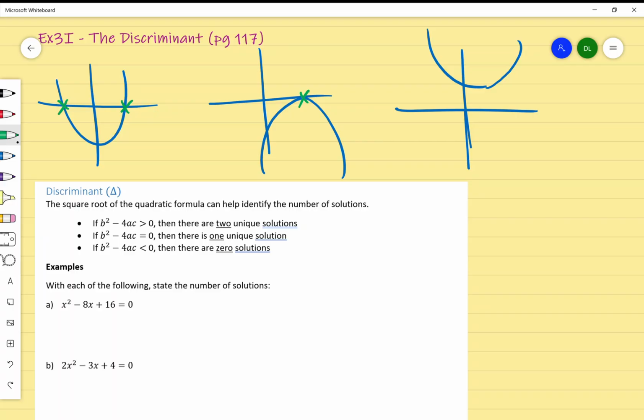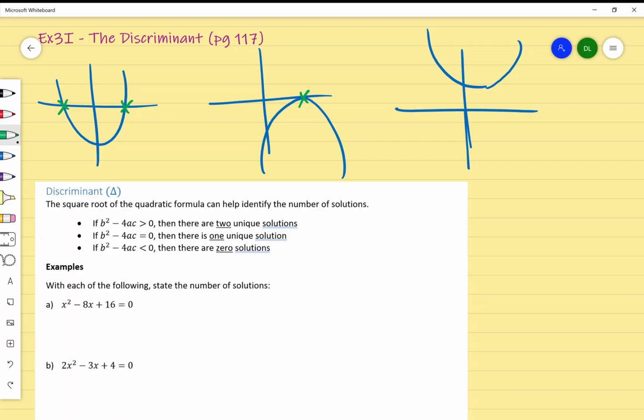We can use the discriminant, which is just a subsection of the quadratic formula that we just learned, in order to try and determine how many x-intercepts we're looking at. Now, you could do this by just trying to graph it. Absolutely. But this is just trying to get a taste. Algebraically, how do I show the number of x-intercepts?